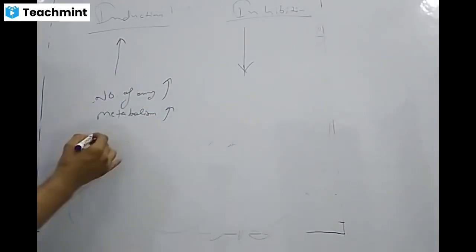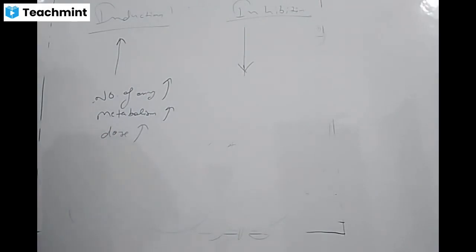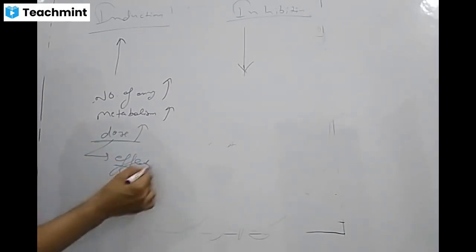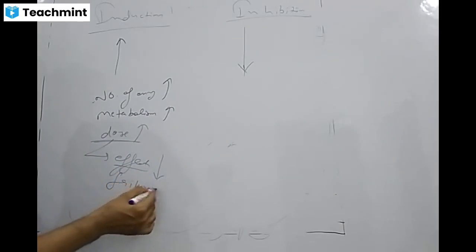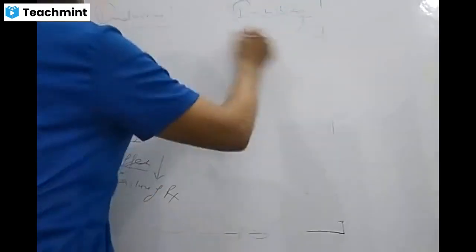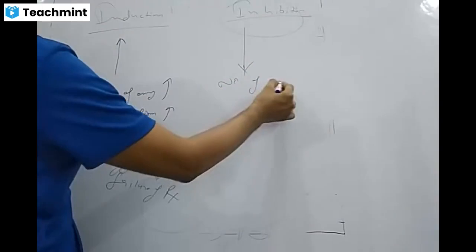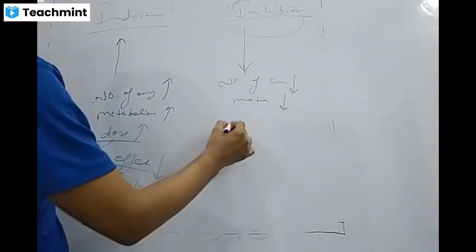If metabolism increases, you need to increase the dose. If you do not increase the dose, then your therapeutic effect will decrease. There will be failure of treatment. In case of inhibition, the number of enzymes decreases, so metabolism decreases.